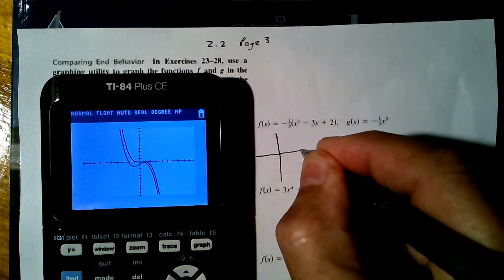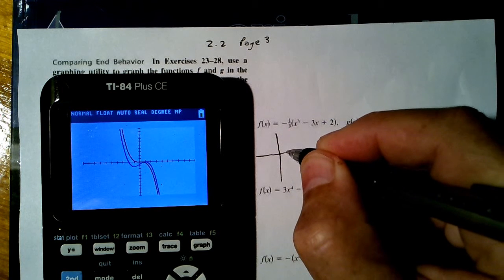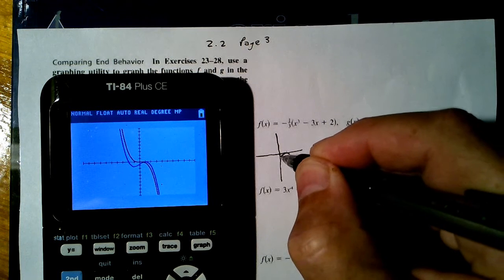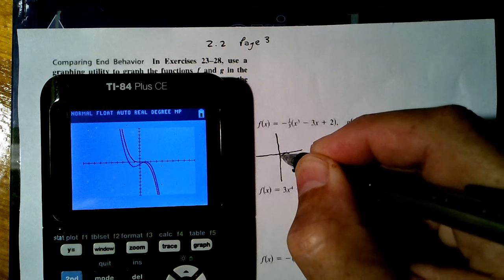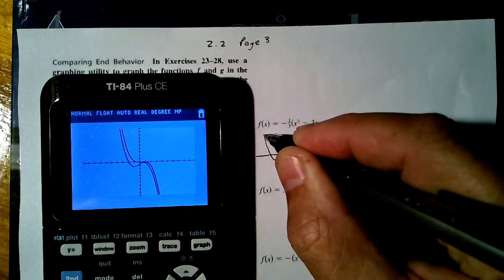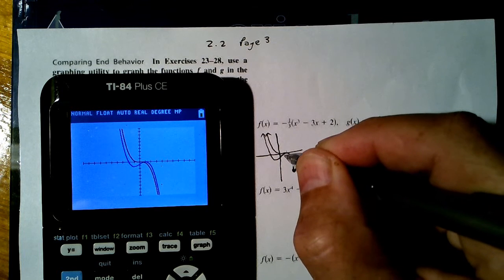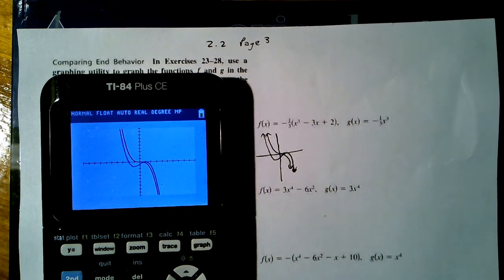I want to know that you participated with this and you did the due diligence of graphing this on your calculator. It looks like we've got something along the lines of this, and then this one looks like it stays inside of the other, something like that.